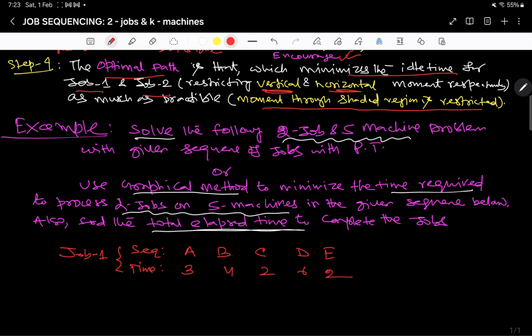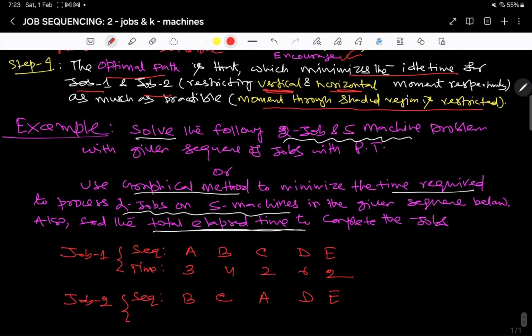And for your job 2, the processing sequence is known. The sequence is B, C, A, D and E with the processing time 5, 4, 3, 2, 6. So this is given. Now we have to solve it.